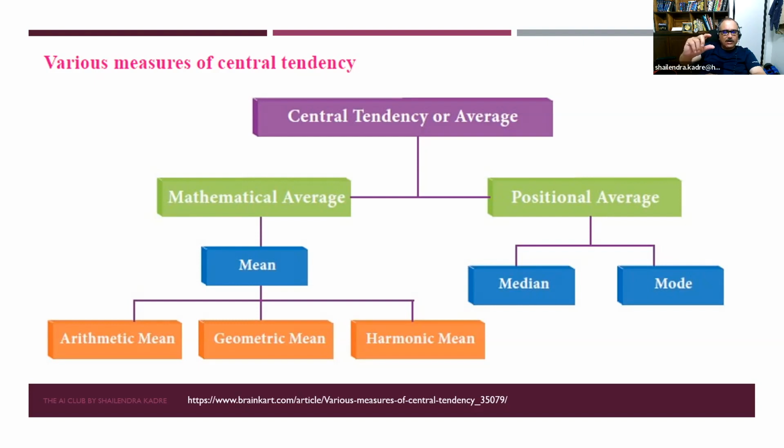Similarly mode: the most frequently occurring value is called the mode, mainly used for nominal or categorical type of data. So these two types of meanings we should be able to differentiate: central tendency measures are either calculated by mathematical formula or found based on position.